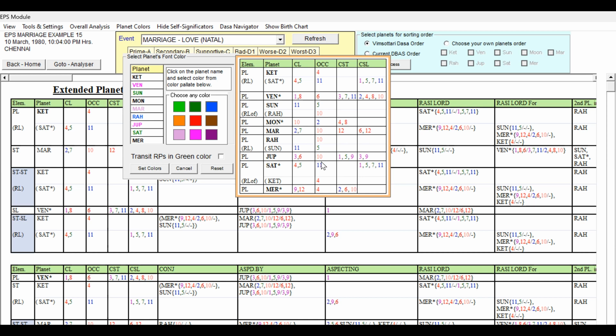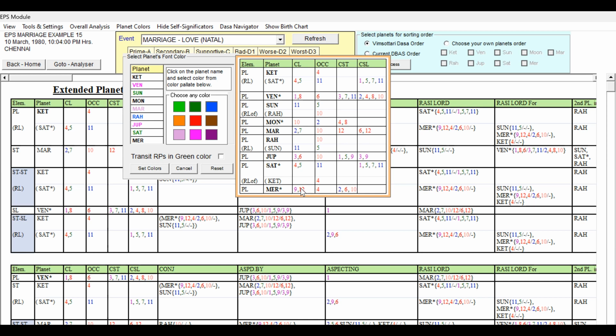Actually, though it is pink, favorable on the higher side, that we have to keep in mind. We can also give blue, but we should not get confused with the other blue because it is having 6 and 10. But still, 3, 1, 5, 9, 3 and 9 cuspal sublord is good.